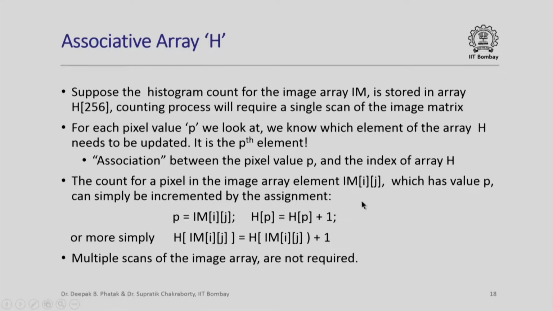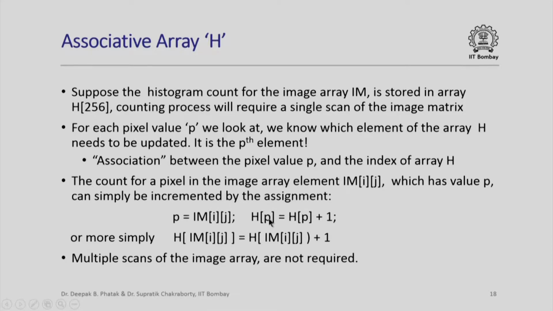So now the count of, let us say, one image array element IM[i][j], which has a value P, can be incremented by simply the following assignments. P is equal to IM[i][j], and H[P] is equal to H[P] plus 1. Observe that the pixel value in the image array is acting as the index of the H array.